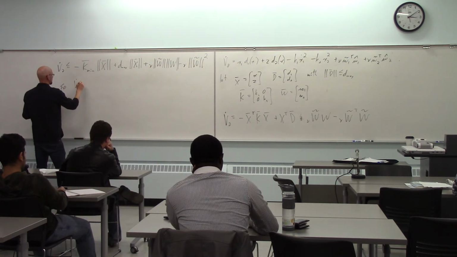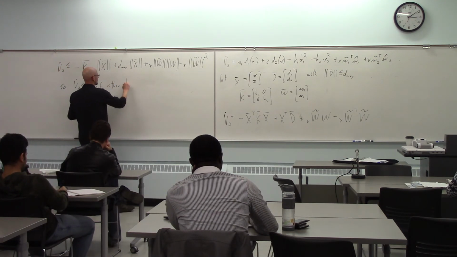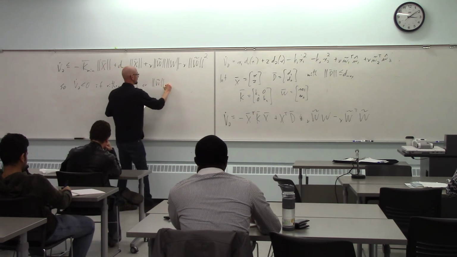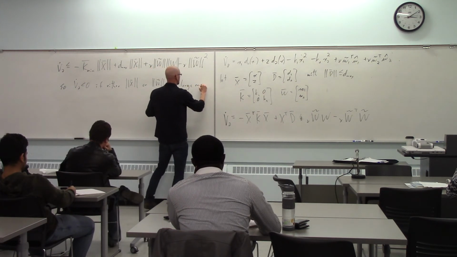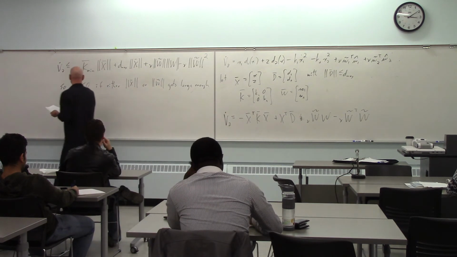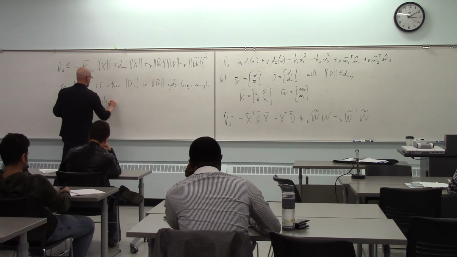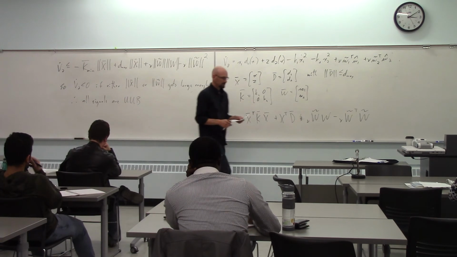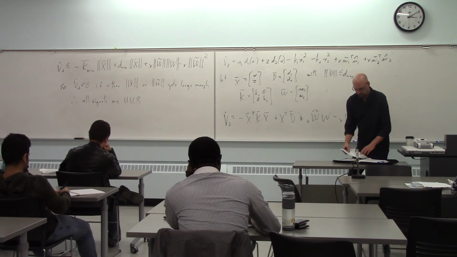So V dot is less than 0 if either x or W tilde gets large enough. Therefore, all signals are uniformly ultimately bounded. And just like when we did e-modification, I can calculate those bounds. So I can calculate what the uniform ultimate bound is easily enough.